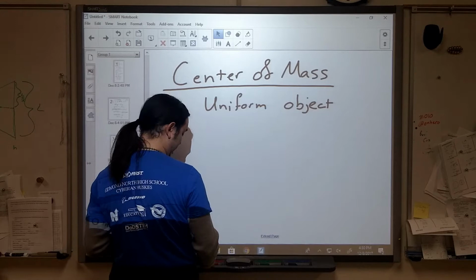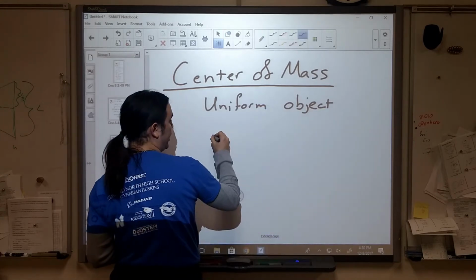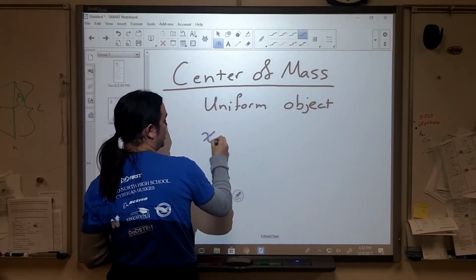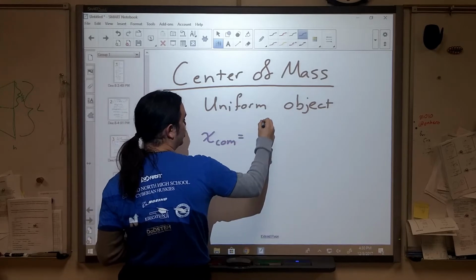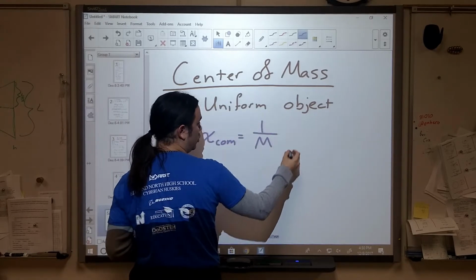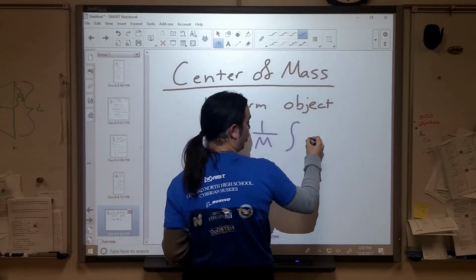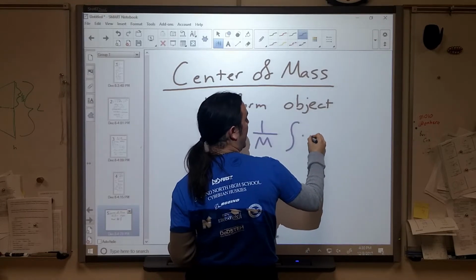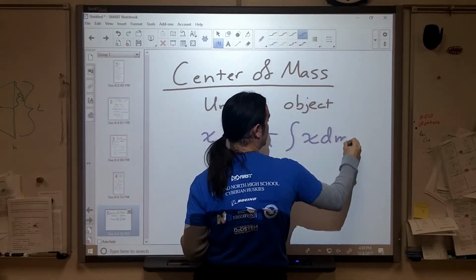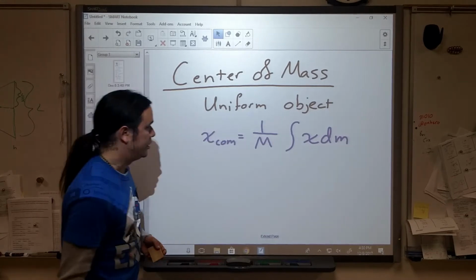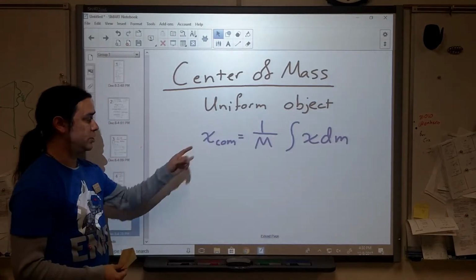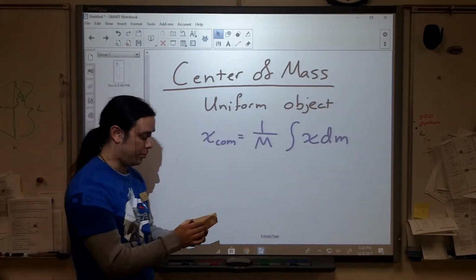Specifically, we are going to use the following equation: the position of our center of mass will be equal to 1 over the total mass times the integral of x dm.